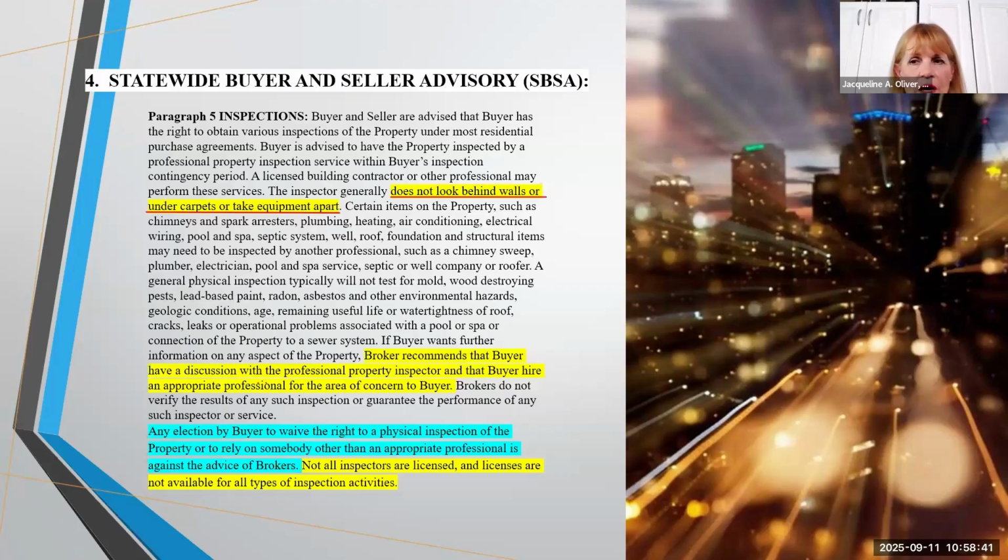Sometimes the buyers elect to waive a certain physical inspection, or they rely on somebody other than an appropriate professional. For example, my brother-in-law knows everything about construction, I'm going to take his word for it. Well, what do you say? Well, what you're doing is against what I'm recommending to you, and it's in the form.